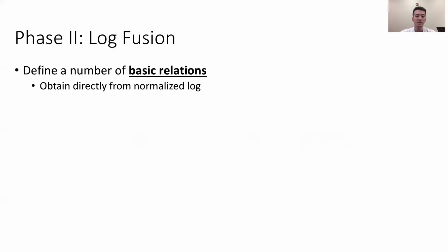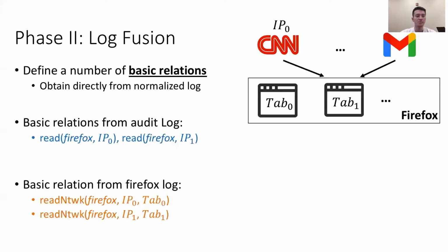The second phase is log fusion. We define a number of basic relations. These relations can be obtained directly from normalized logs. For example, Firefox opens multiple tabs connecting to different websites such as CNN and Gmail. The IP address for CNN is IP0. The IP address for Gmail is IP1.